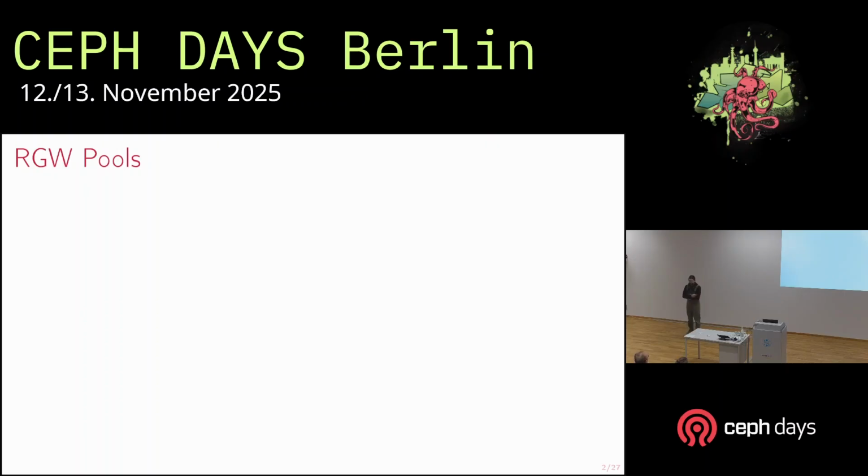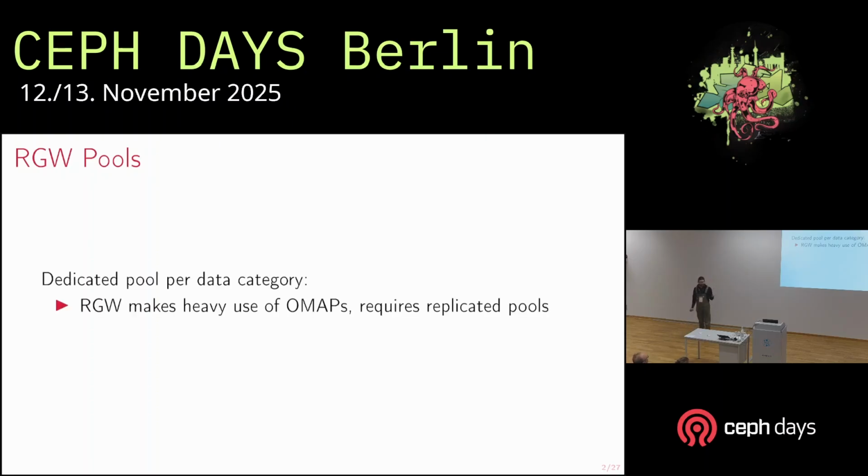Before we can talk about any detail, we have to first talk about Ceph pools. And if we talk about RADOS Gateway, we're talking mainly about two different categories of pools that RADOS Gateway is using. The first is an OMAP, a replicated pool, because RADOS Gateway makes heavy use of OMAPs.